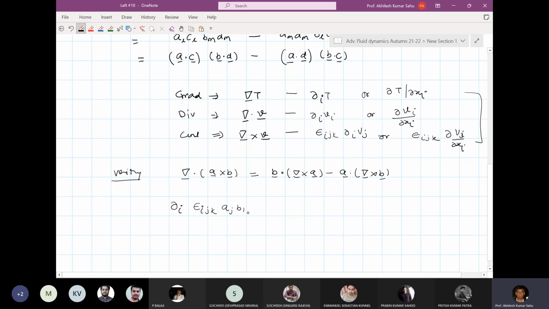This is del operating on this, right? And epsilon ijk is a constant, it's either 1, -1 or 0, so I can move epsilon ijk out of the derivative sign. So epsilon ijk partial i (aj bk).